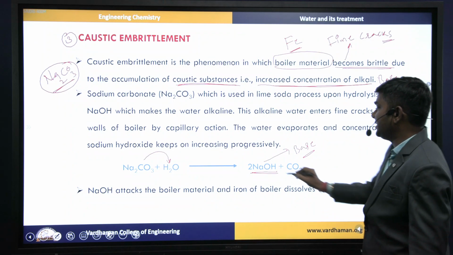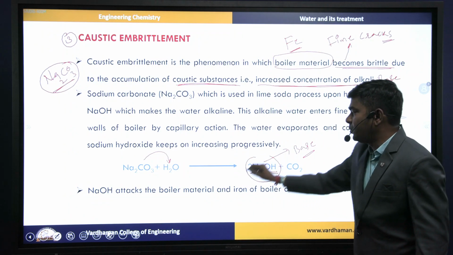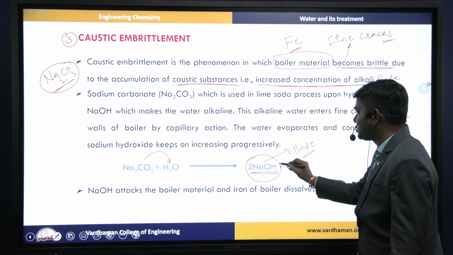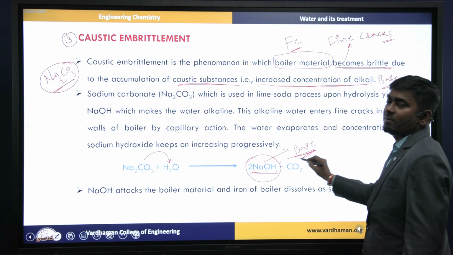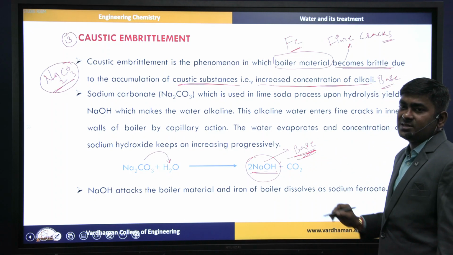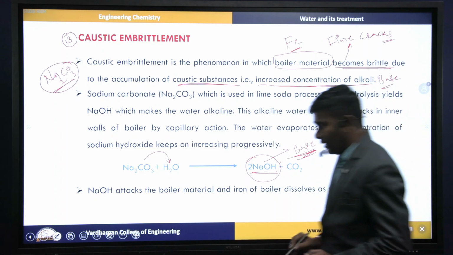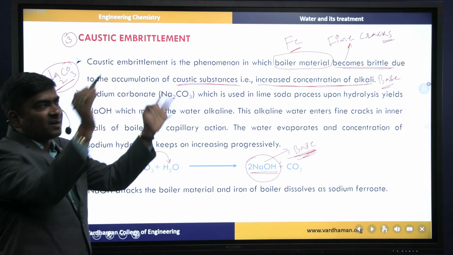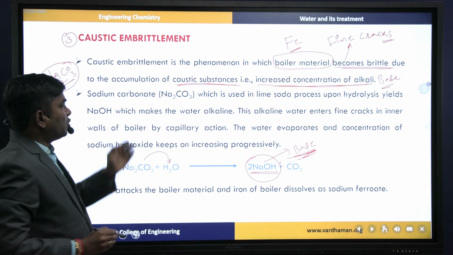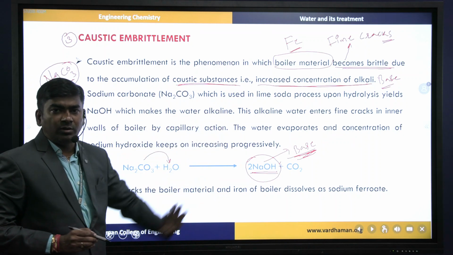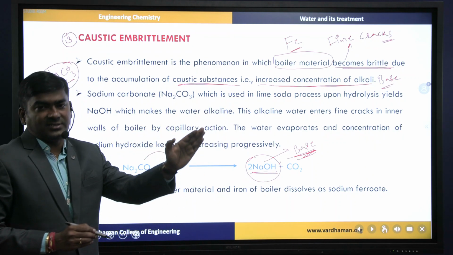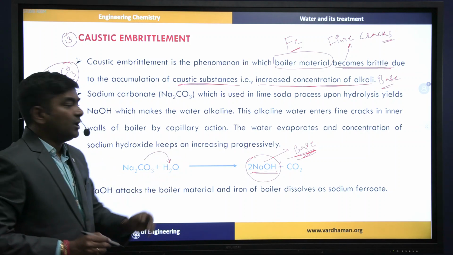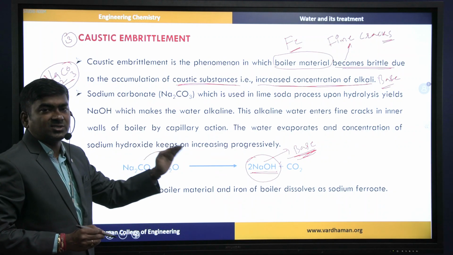So what happens here? Unequal distribution of this base, sodium hydroxide, takes place. That means in the boiler feed water, at some regions of the boiler wall the sodium hydroxide concentration is more, and at some regions it is less.